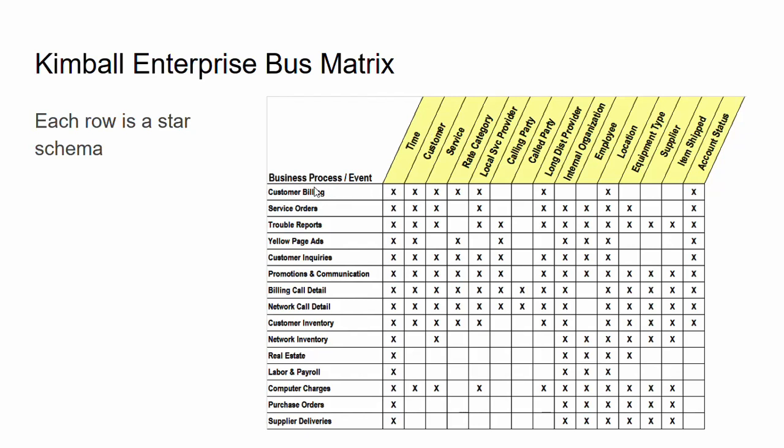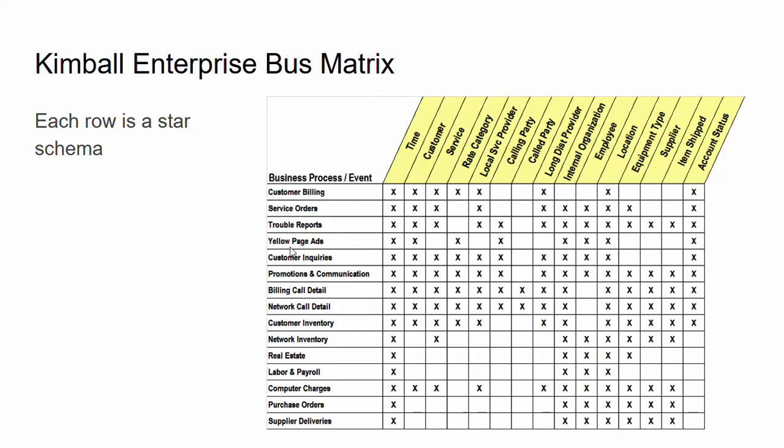Of course, the time of the billing, which customer is involved, what the service is, what the rate is, and which provider provided it. Of course, there's no call, so there's no calling party. Then there's also long distance provider, etc. So you identify out of all these attributes which ones can describe this fact.